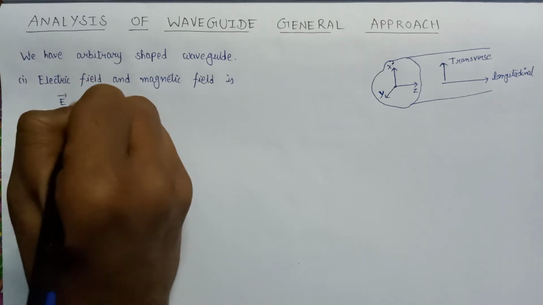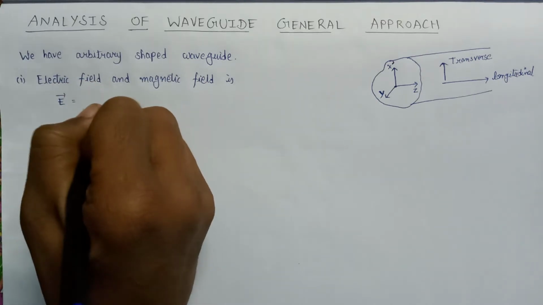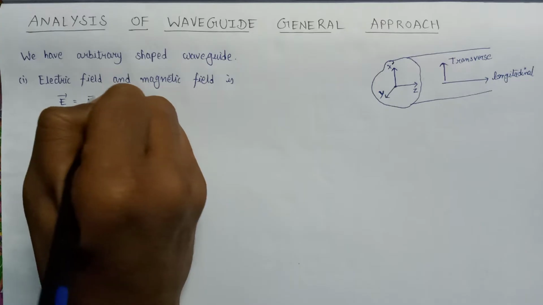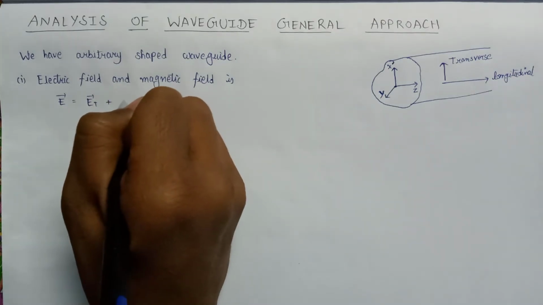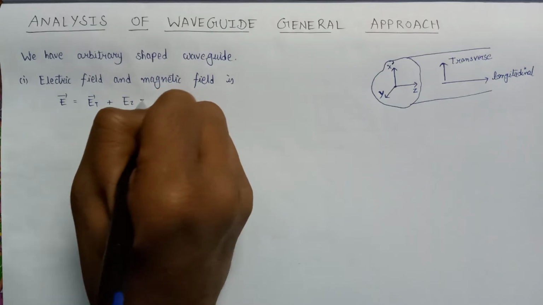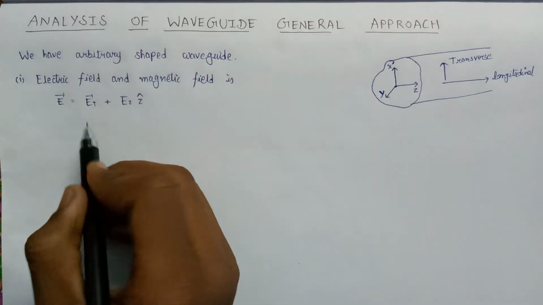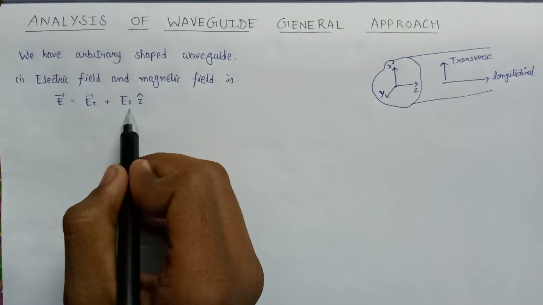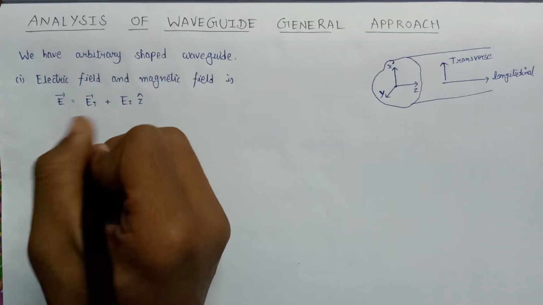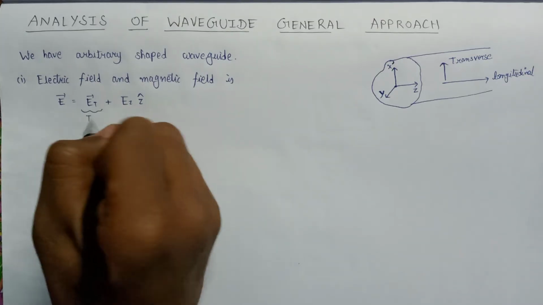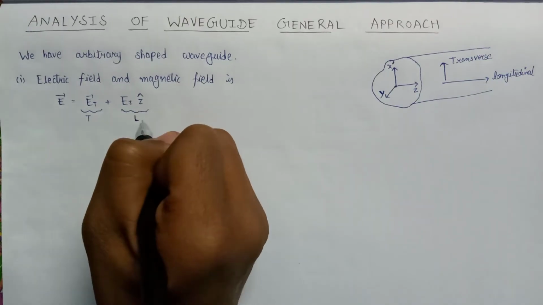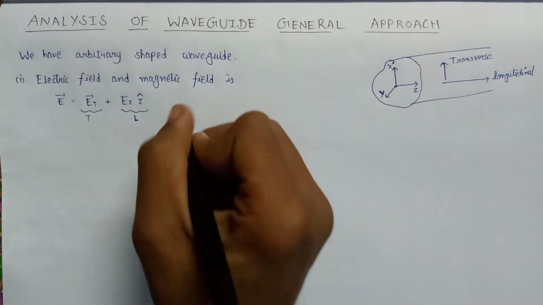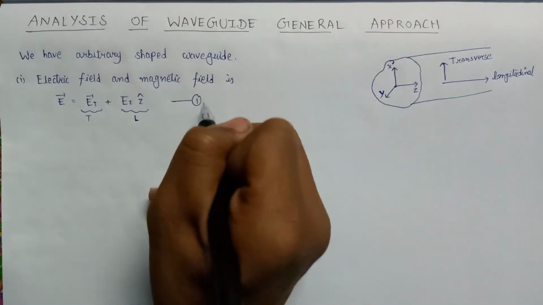First of all, the electric field in terms of the transverse component is Et plus the longitudinal component, that is Ez into z cap. Et is the vector quantity and Ez is a scalar quantity, and these represent the transverse component and the longitudinal component of the electric field. This is our equation number 1.